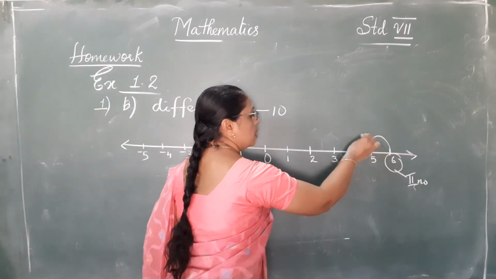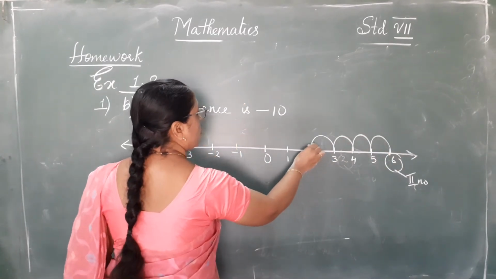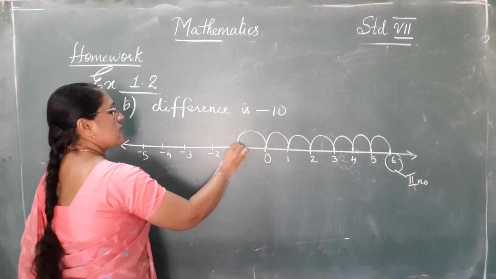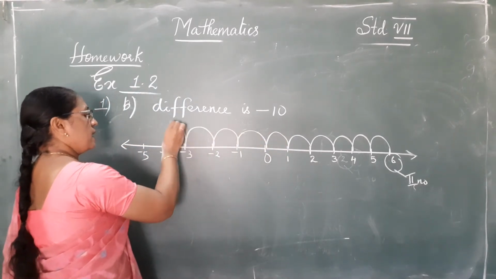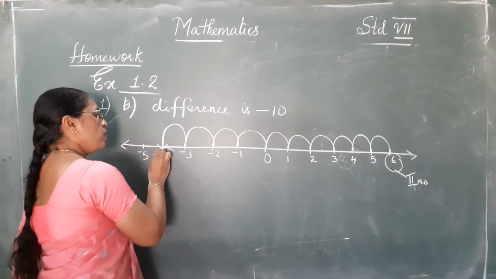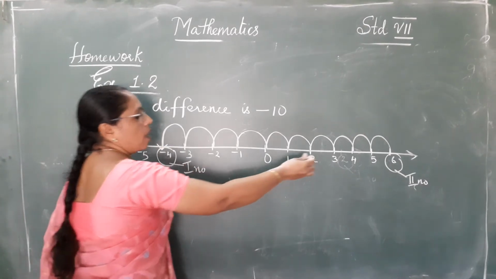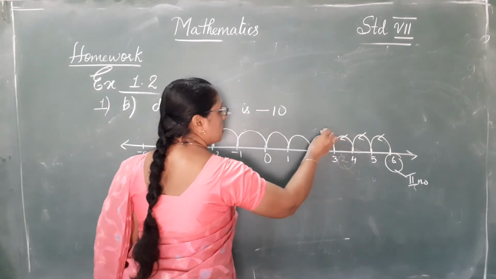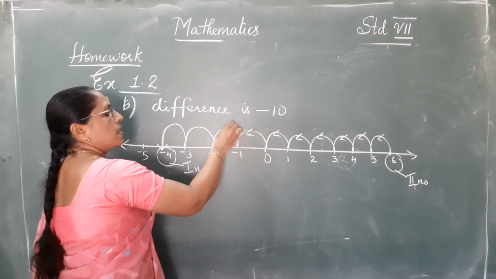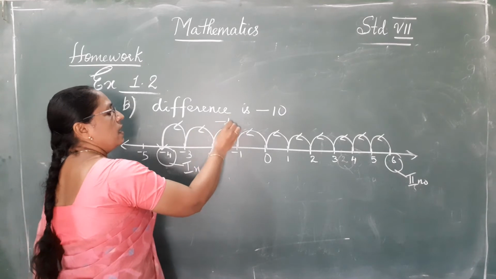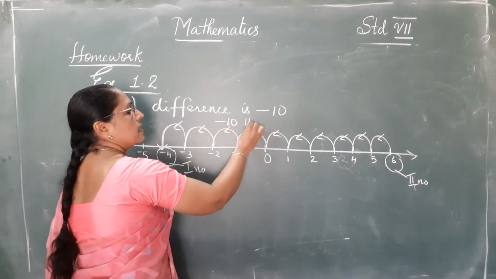So 1, 2, 3, 4, 5, 6, 7, 8, 9, 10. So you reach a number that is your first number. And how many steps did you count backward? 10 steps, that is -10, which is our answer, the third number.